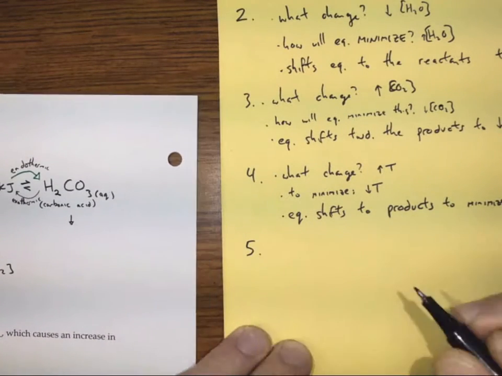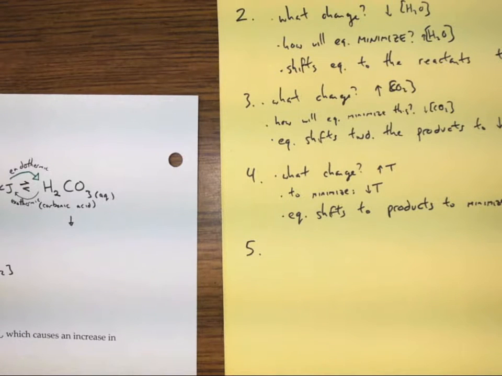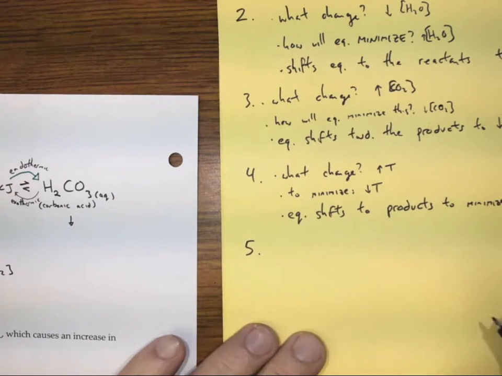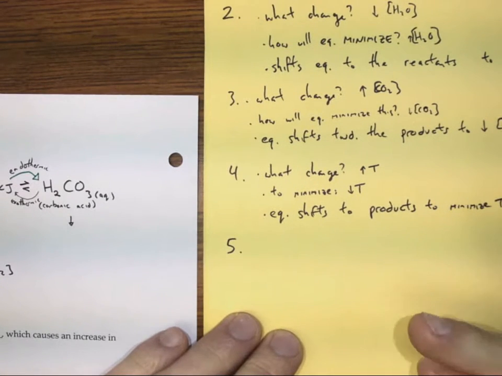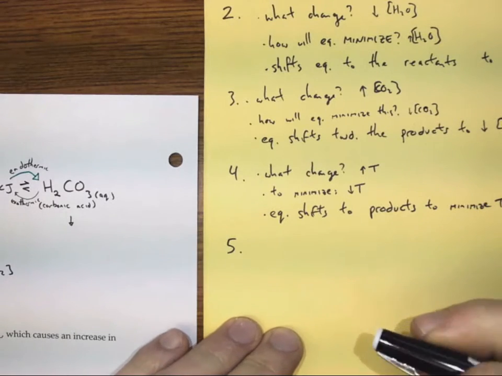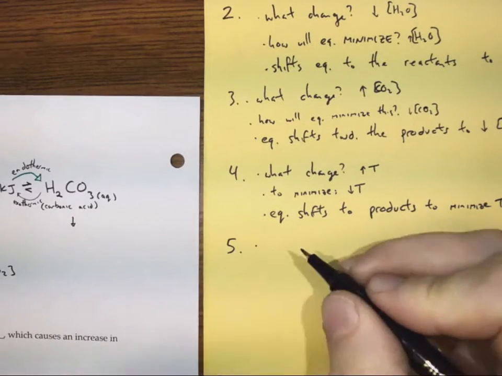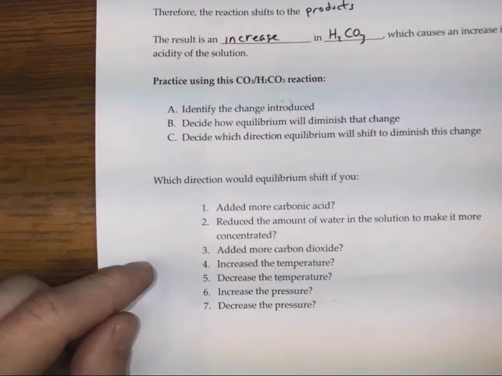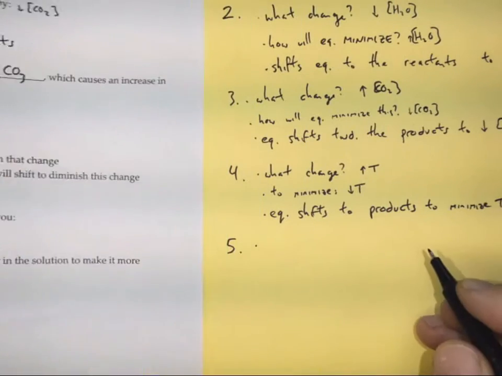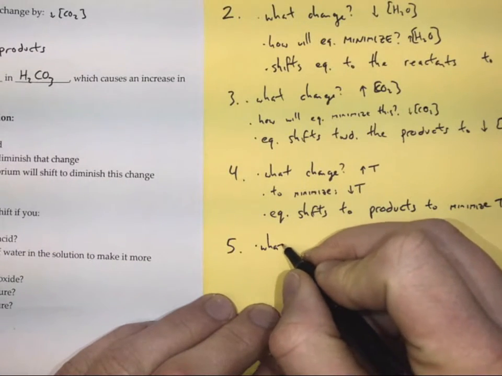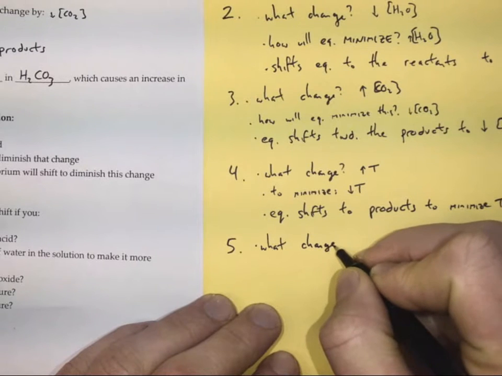Question 5, and we're going to leave it at question 5. And that's because we talked about aqueous carbon dioxide and not how gaseous carbon dioxide plays a role. So we're going to look at question 5 and talk about a decrease in temperature. So what change is introduced?